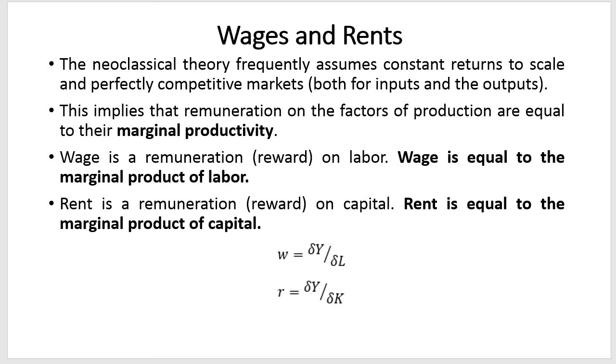So in this case, we assume wage to be equal to the marginal product of labor, or the first derivative of the production function with respect to labor, and we assume rent to be equal to the marginal product of capital, or the first derivative of the production function with respect to capital.